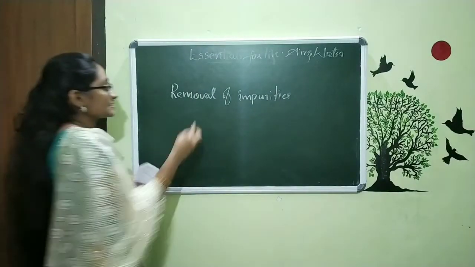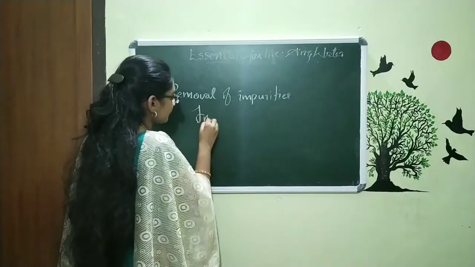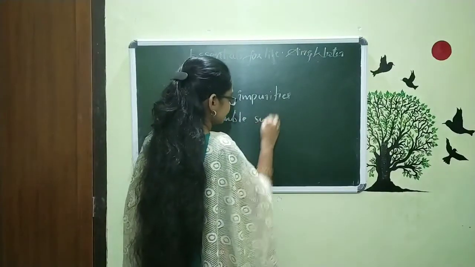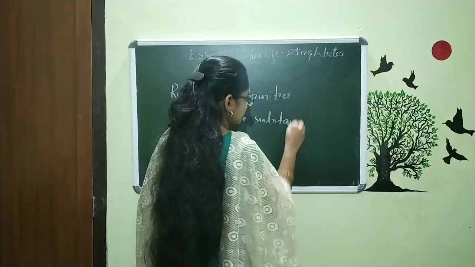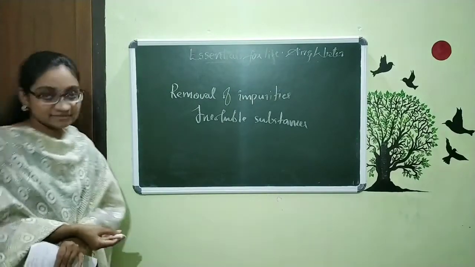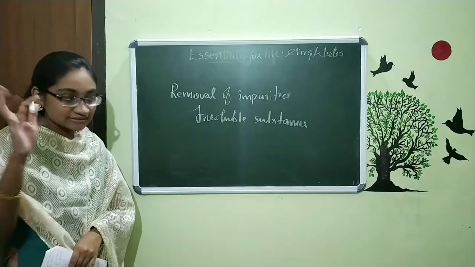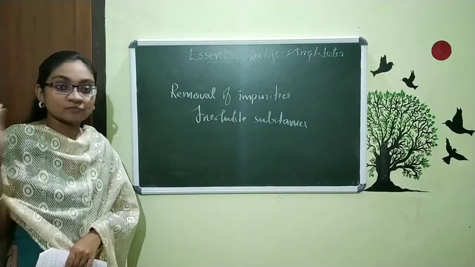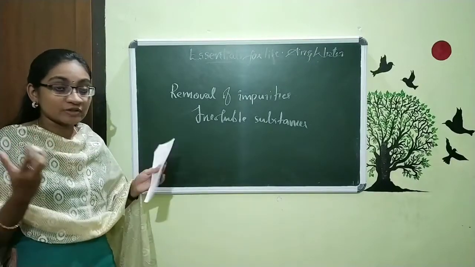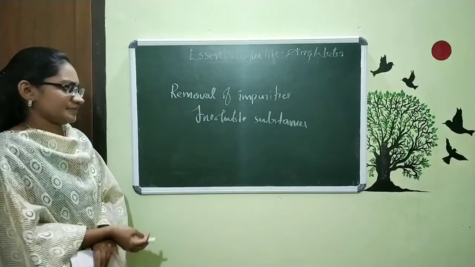Inside that we are discussing insoluble substances. Which are the insoluble substances? Insoluble substances are, for example, sand, wood powder, and different things like that. That means they are not getting dissolved in water.